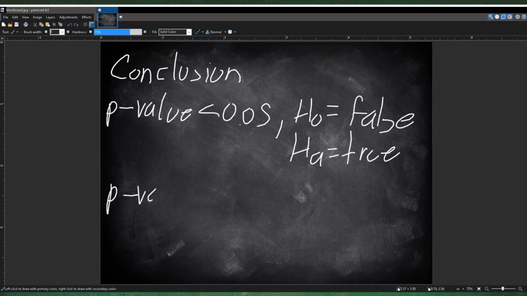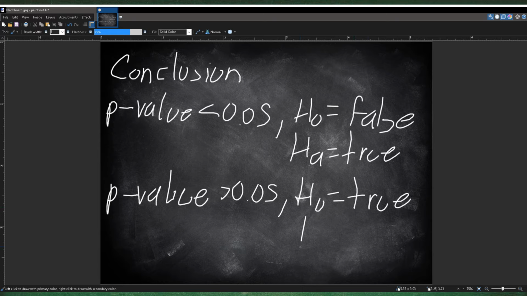And if your p-value is greater than 0.05, then you say your null hypothesis is true, and your alternative hypothesis is false. So it's just vice versa, depending on whether your p-value is higher than your alpha level, which is usually 0.05.